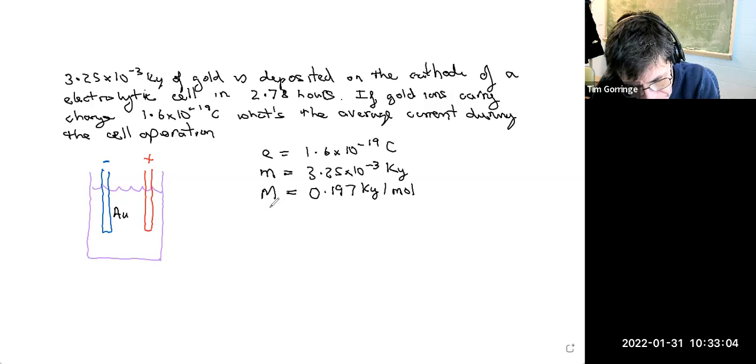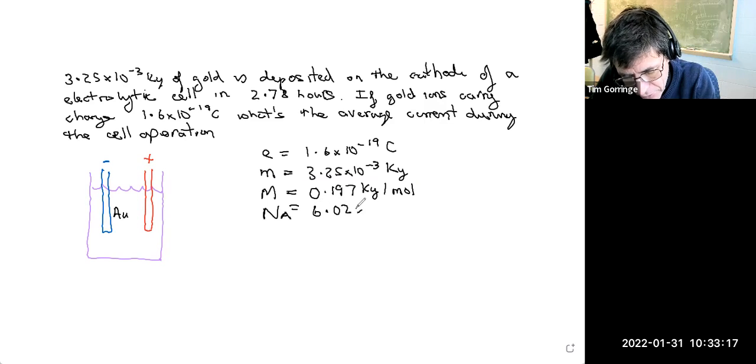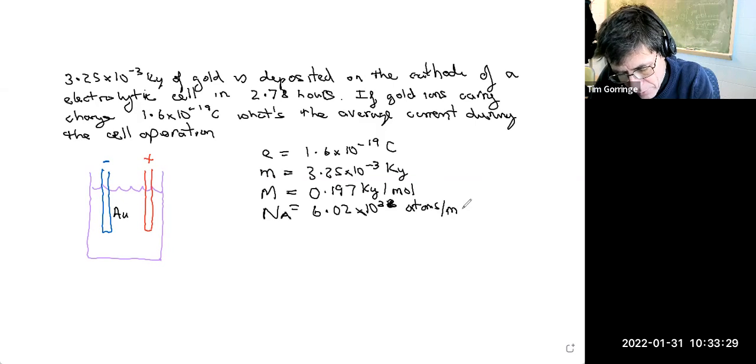And then finally, the other number we'll need here is the number of atoms in a mole. That's Avogadro's number. You know this better than I do: 6.02 times 10 to the 23 atoms per mole.